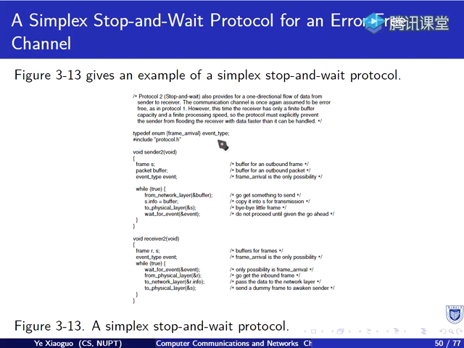However, this time the receiver has only a finite buffer capacity and a finite processing speed, so the protocol must explicitly prevent the sender from flooding the receiver with data faster than it can be handled.